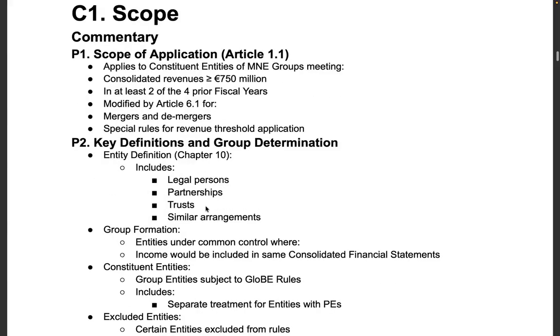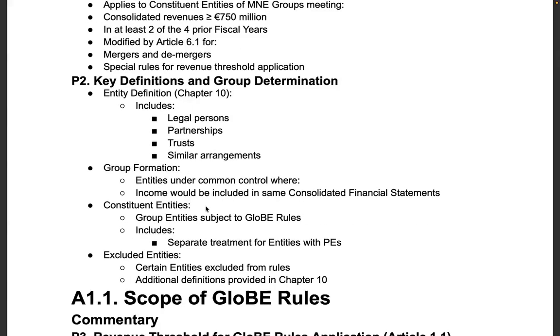The second paragraph talks about the definition of entity, which has been addressed in chapter 10. Now, please understand that chapter 10 is purely for definitions. The BEPS Pillar 2 framework is quite complicated, quite vast, and it has used a number of definitions and expressions.